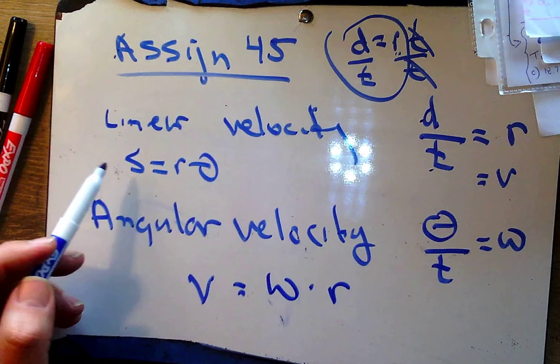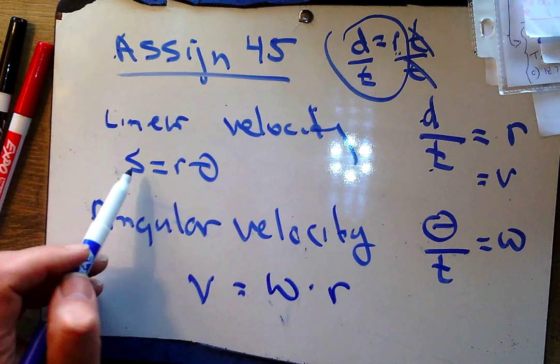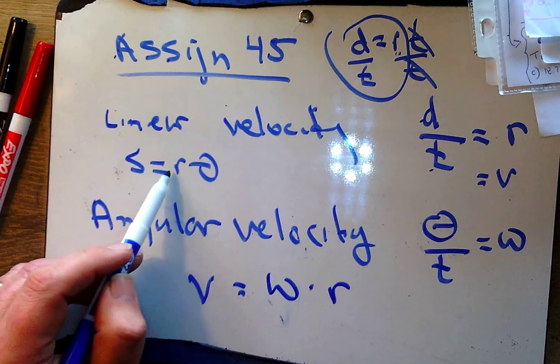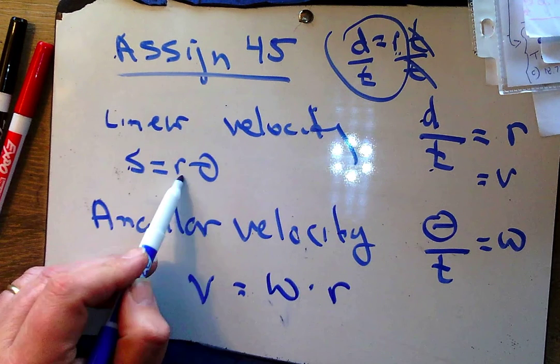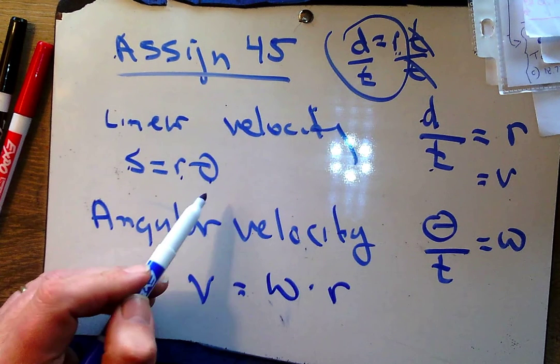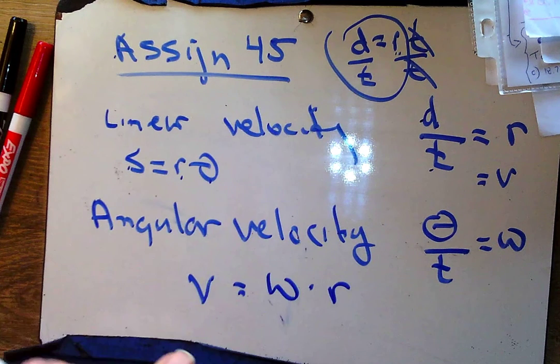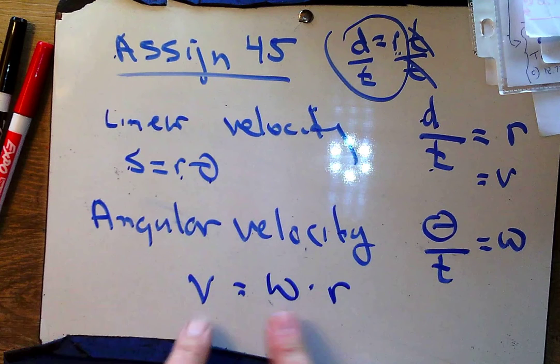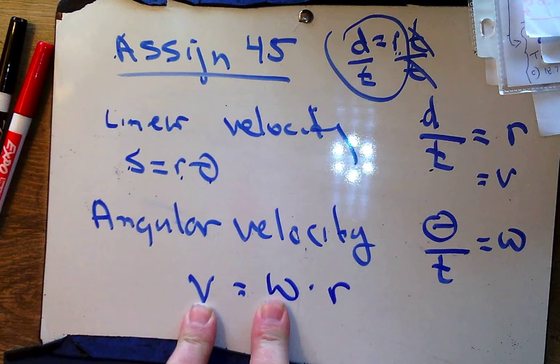It's not unlike s equals r theta, our arc length formula. The thing about s equals r theta was these were just quantities, how many miles, how much angle. Well, now that's still radius, but these are rates of change.